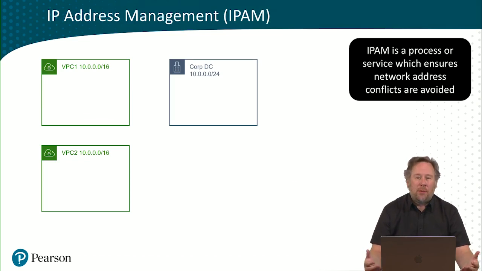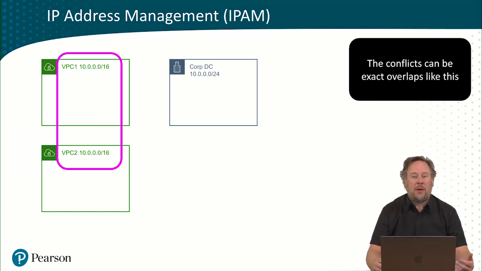Another really important service is called IPAM, IP Address Management. And this is a process or a service which makes sure that as you create virtual networks and isolate them using segmentation, that you don't end up with network address conflicts because of overlapping ranges.